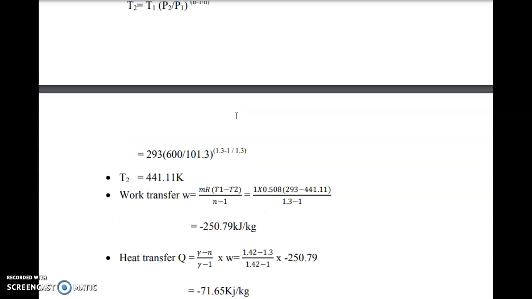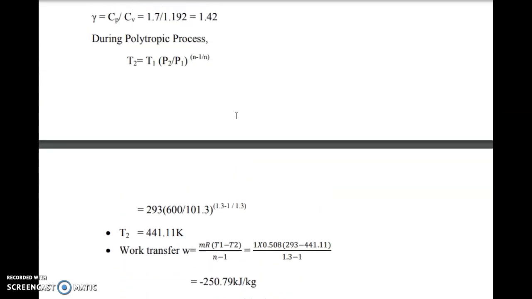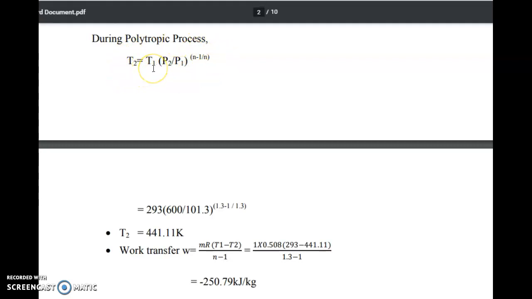How to find out the T2 after compression? What about the temperature of the gas? It is a polytropic compression process. Generally, for a polytropic compression process, this is the temperature pressure relationship: T2 equals T1 times (P2 by P1) whole power (n minus 1) divided by n. By using this relation, you can find out any of the unknown properties.